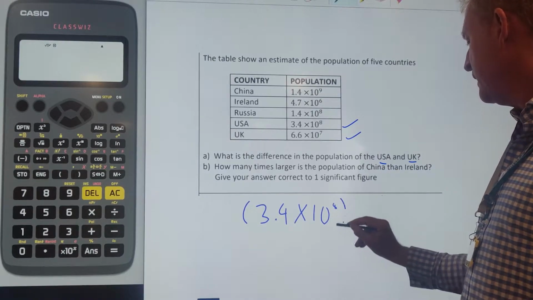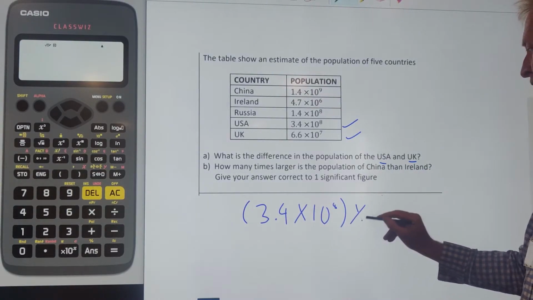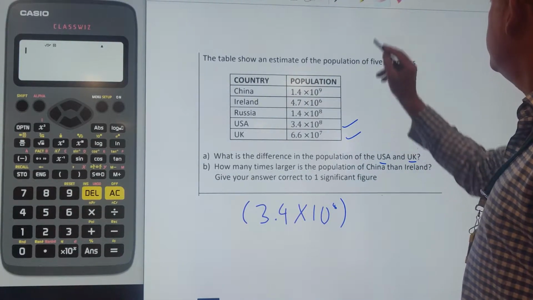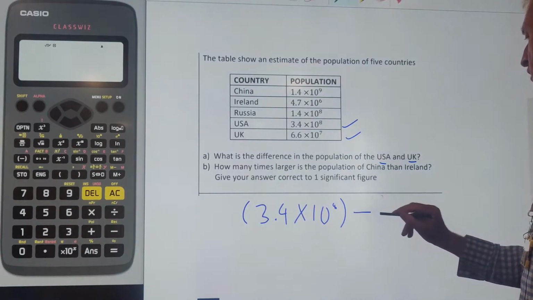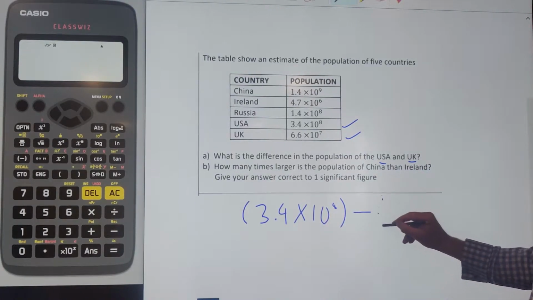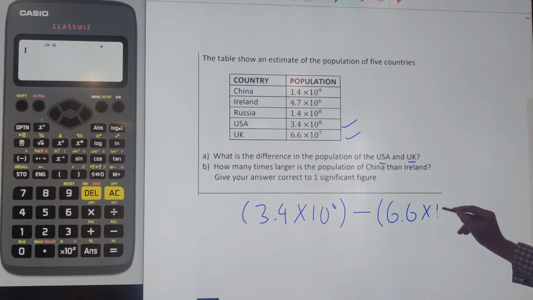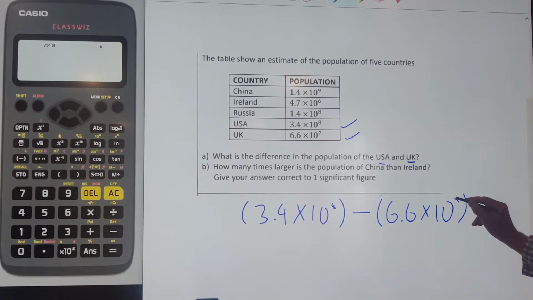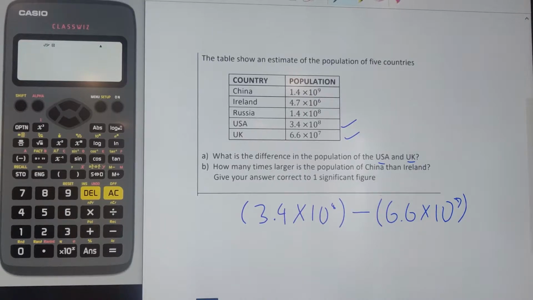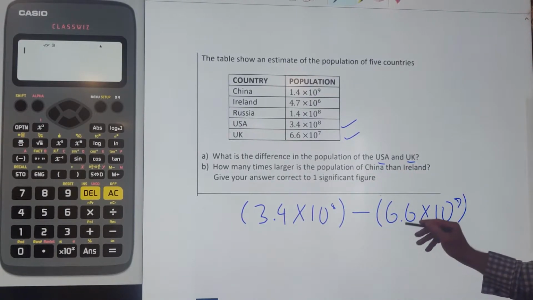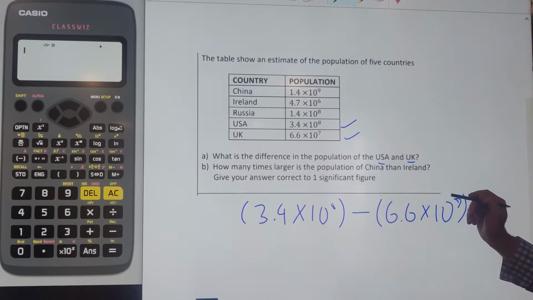And putting it in brackets just makes sure you're going to get the right answer. If I just change that times to a subtraction, because we're trying to find the difference between the two populations, yeah? So that's what I'm putting in my calculator. 3.4 times 10 to the power of 8, subtracting 6.6 times 10 to the power of 7.